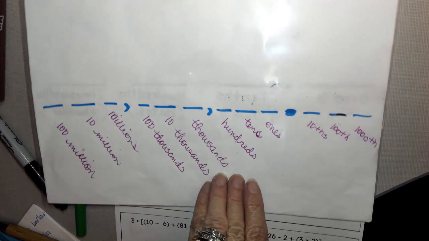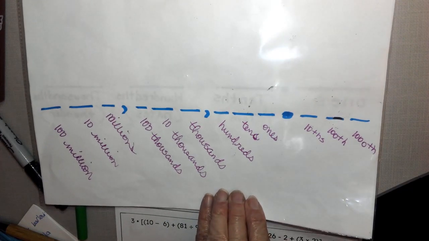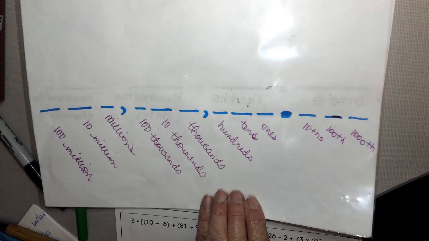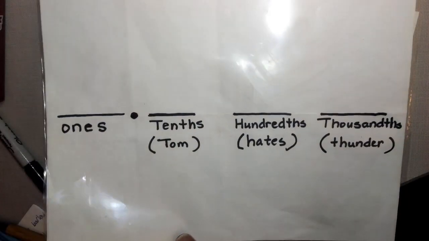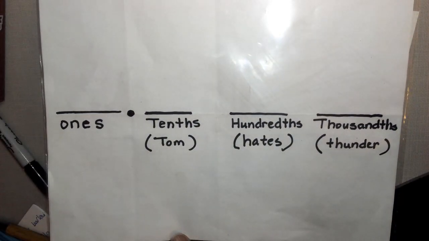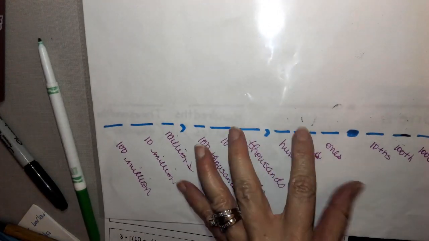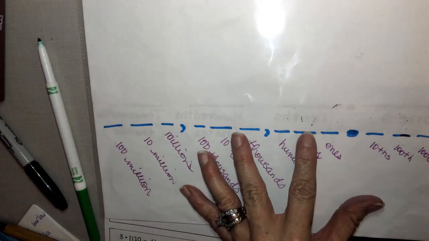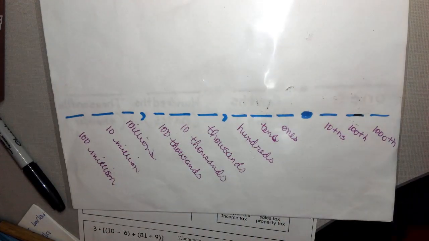I believe you all have one of these in your folder, and you may even have one that looks a little bit more like this. Okay, so you are welcome to either use your paper or make your own, and I'm just going to leave this right here so that if you need to write this on your paper, you can.